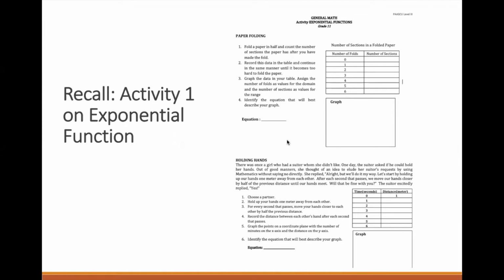The equation that we have for the first activity is an example of an exponential function, which is y equals 2 raised to x, or f of x equals 2 raised to x. And for the second activity, it's y equals 1/2 raised to x. As you can see, we're able to represent an exponential function through a table of values, graph, and equation.